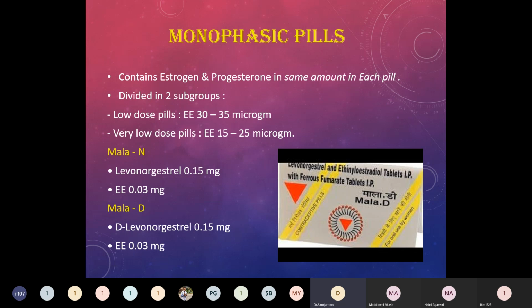Mala N contains 28 tablets, among which 21 are active and the last 7 are inactive, containing iron. These contain levonorgestrel 0.15 milligram and ethinyl estradiol 0.03 milligram, and Mala D is nothing but D-norgestrel. That is the only change between Mala N and Mala D.